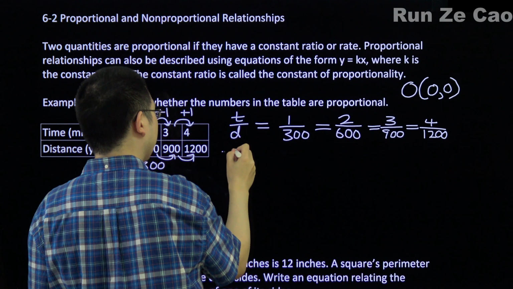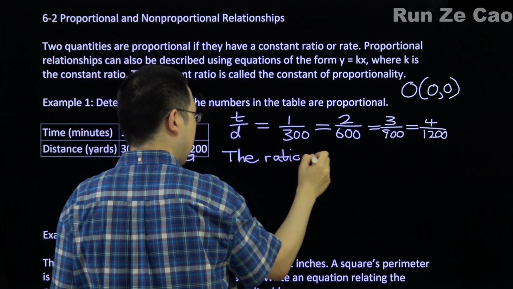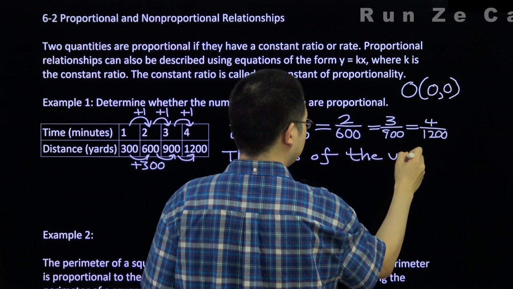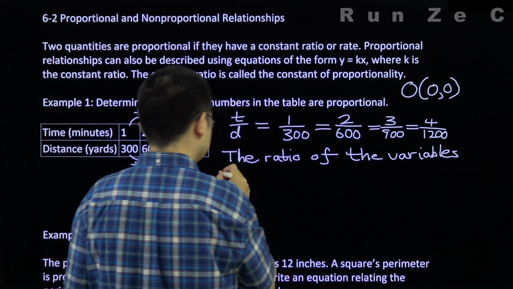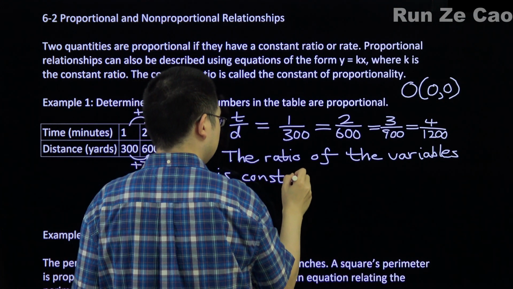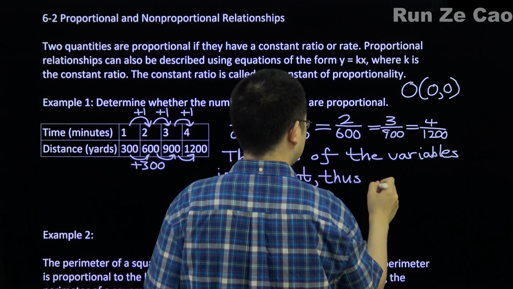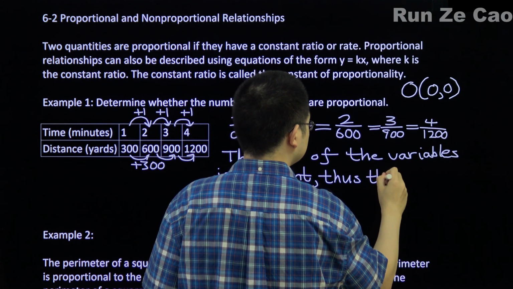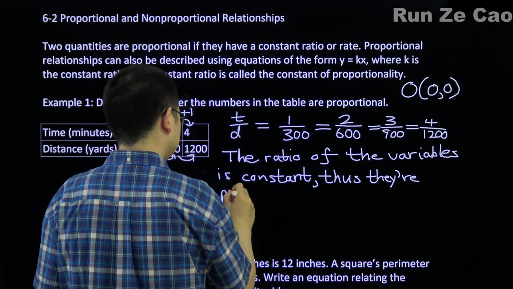So, the ratio of the variables is constant. Thus, the numbers are proportional.